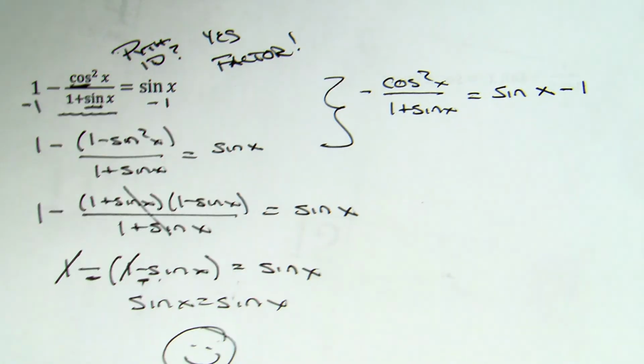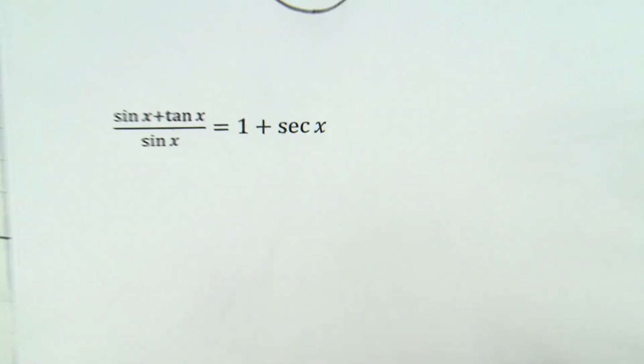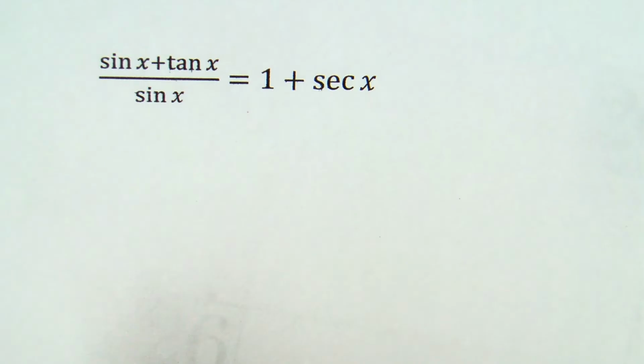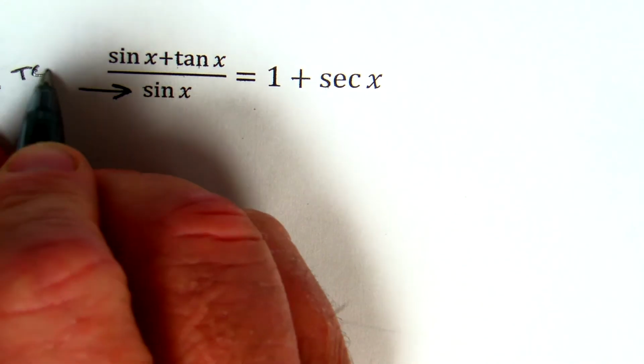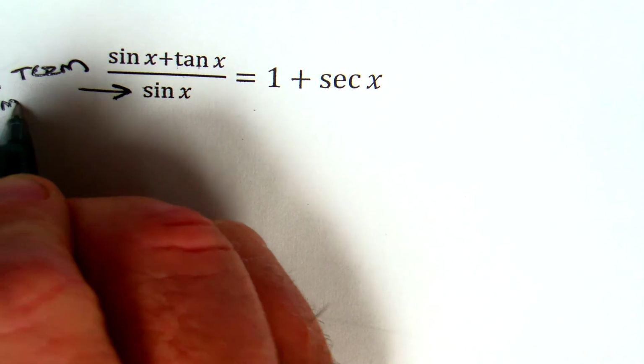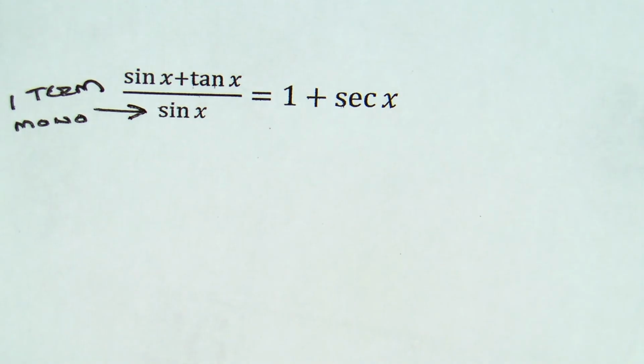Alright, now underneath: sine x plus tangent x over sine x equals 1 plus secant x. The difference with this one is my denominator has one term. We're going to call that a monomial. When you have a monomial denominator, I would divide it through.